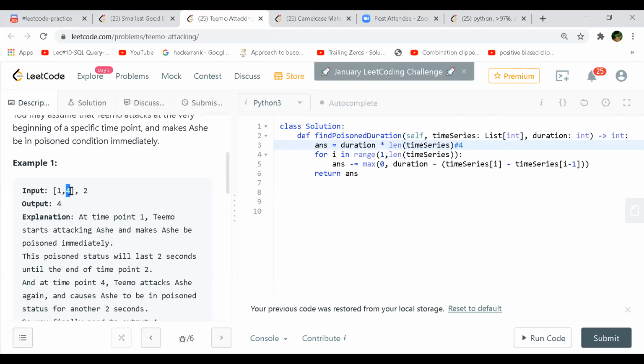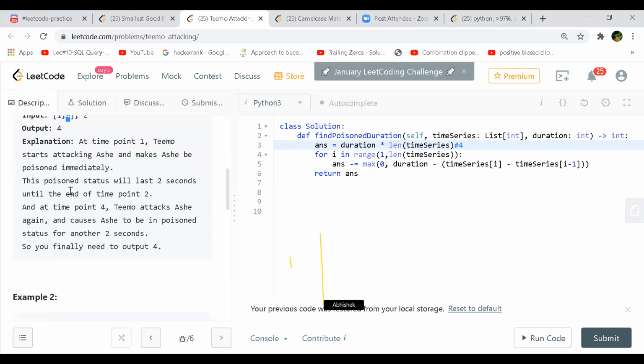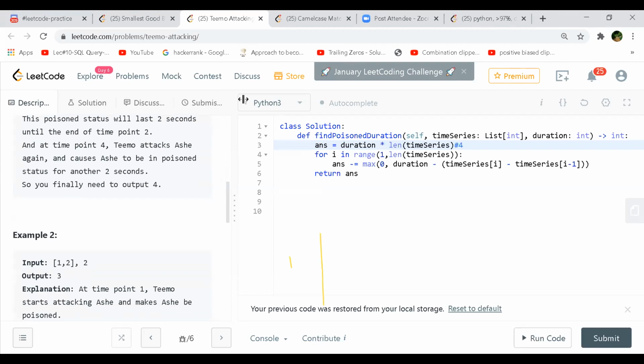In what case would the overlap be negative? It would be negative if the second value is lesser than the first value. But that is not possible, because they are saying it is in ascending order.